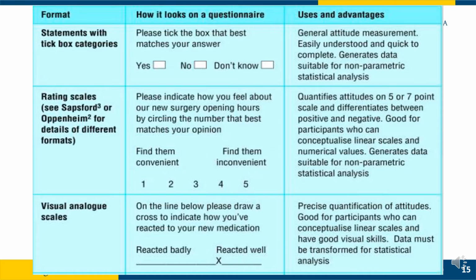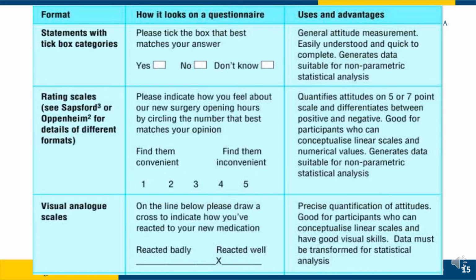It is useful because it is a quantified scale and can differentiate between positive and negative. Good for participants who can conceptualize linear or numerical scales. And we can generate data for non-parametric statistical analysis.